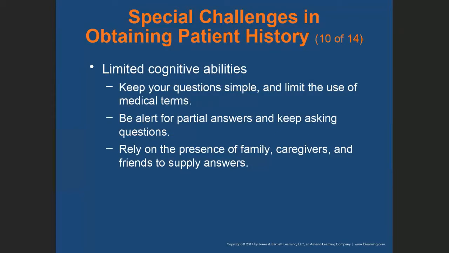Then you can have your patient with limited cognitive abilities. Keep your questions simple and limit the use of medical terms. Be alert for partial answers and keep asking questions. Rely on the presence of family, caregivers, and friends to supply answers.